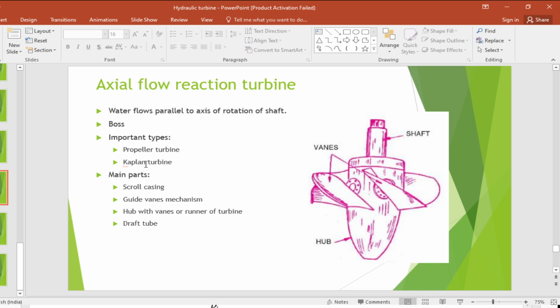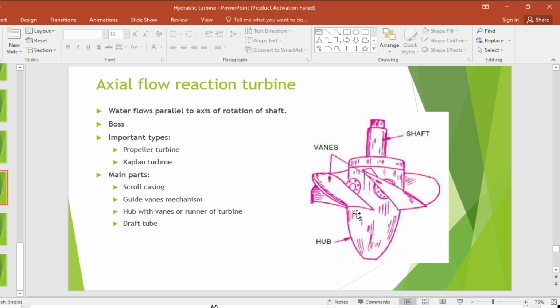This figure shown here is the Kaplan turbine, on which the adjustable vanes are fixed on the hub.